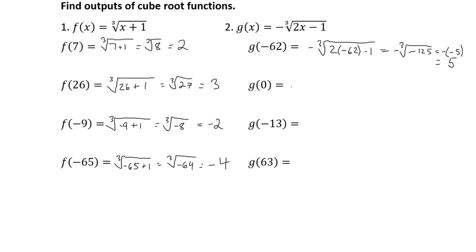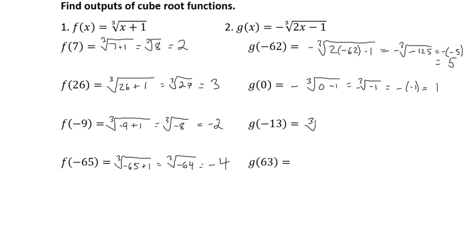When we plug in 0, we get 0 minus 1, which is the cube root. Don't forget about your sign of negative 1. So that's a negative 1, which is a positive 1.